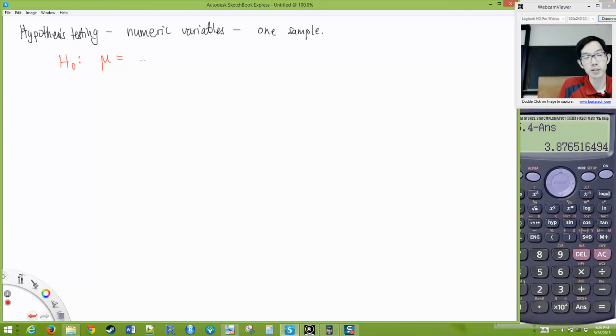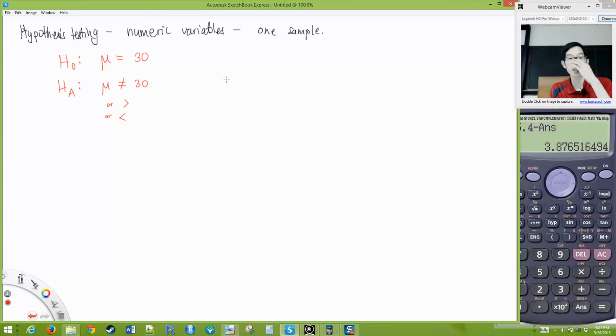Mu equals 30. Not necessarily 30, but always some number. The alternative is going to be identical, except it's going to have not equal to 30, or greater than 30, or less than 30, depending on how the problem is written. Same concepts as before, right?